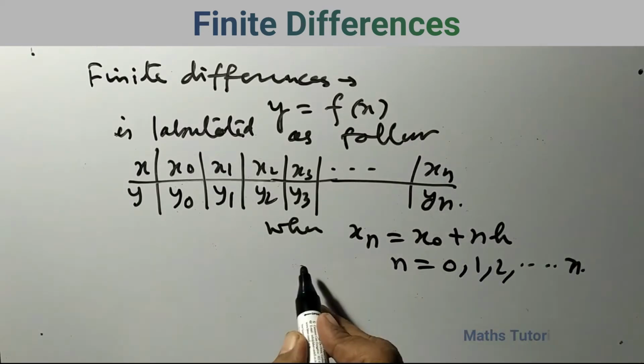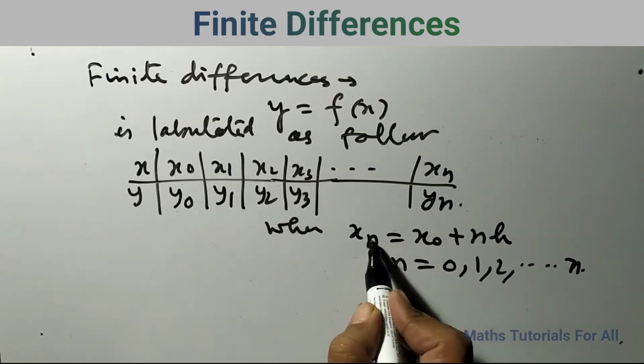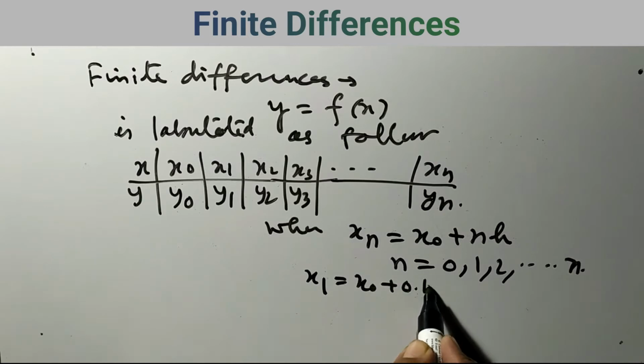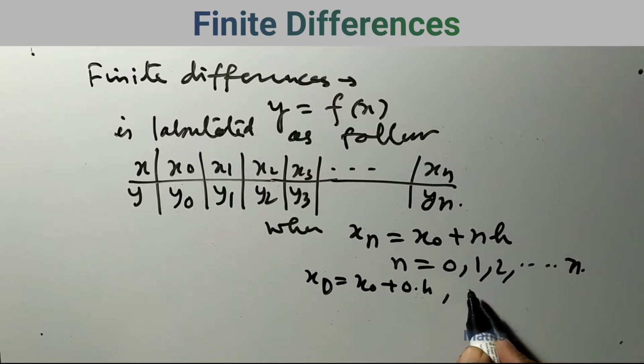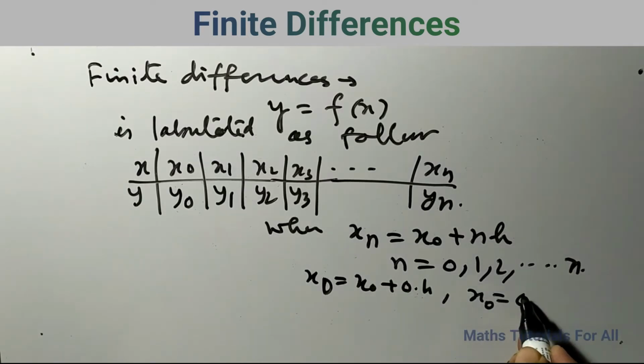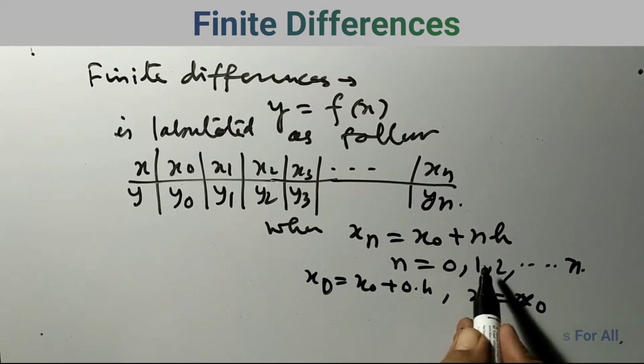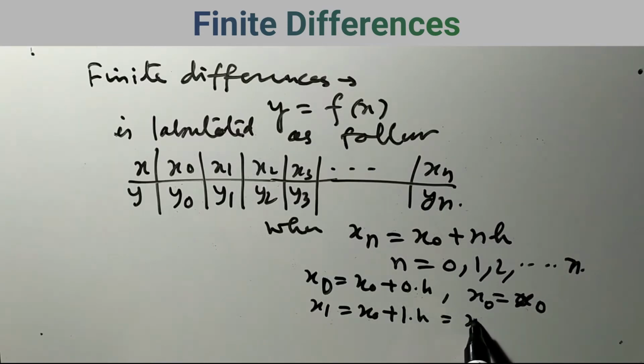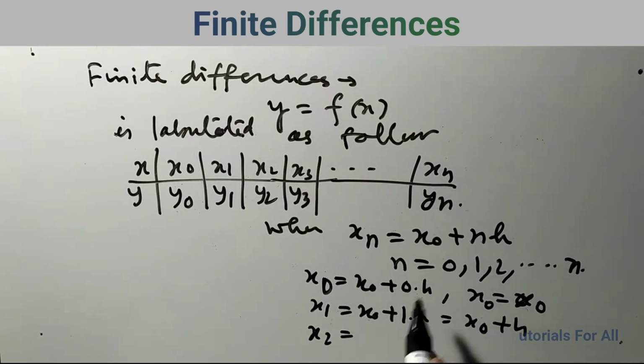Put n equal to 0 in this equation, we get x0 equal to x0 plus 0 into h, that means x0 equal to x0. Put n equal to 1, that means x1 equal to x0 plus 1 into h, that means x0 plus h. And put n equal to 2, then x2 equal to x0 plus 2h.